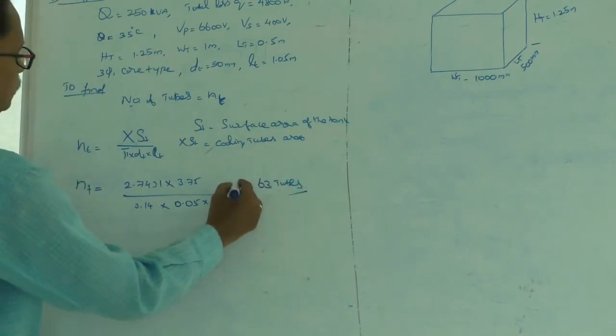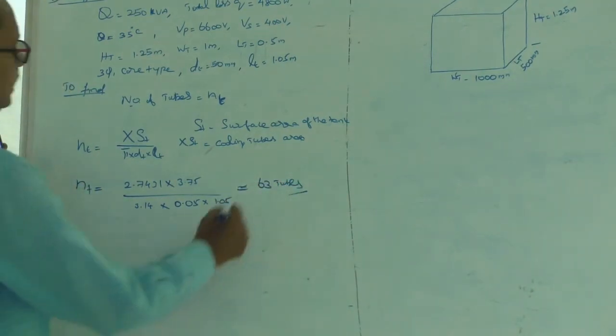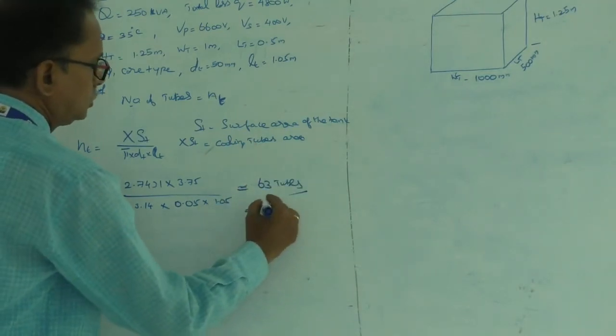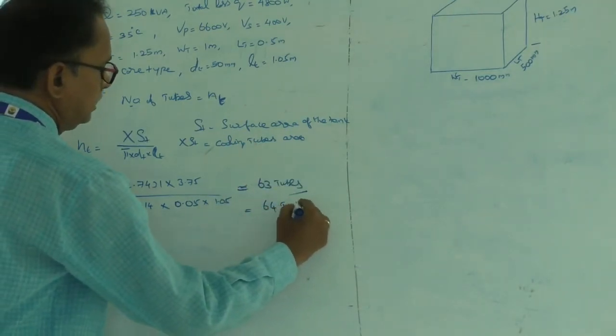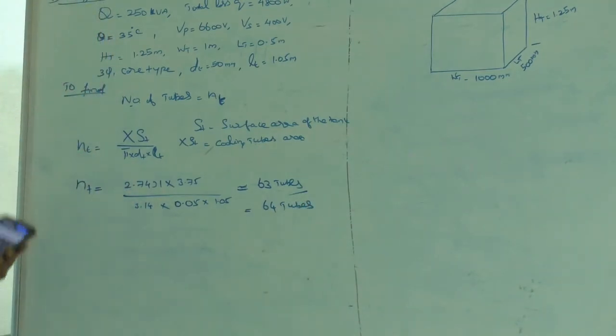The number of tubes will be approximately 63. You cannot have an odd number because you want to have a symmetrical structure, so it will be 64 tubes. So the number of tubes is supposed to be 64 tubes.